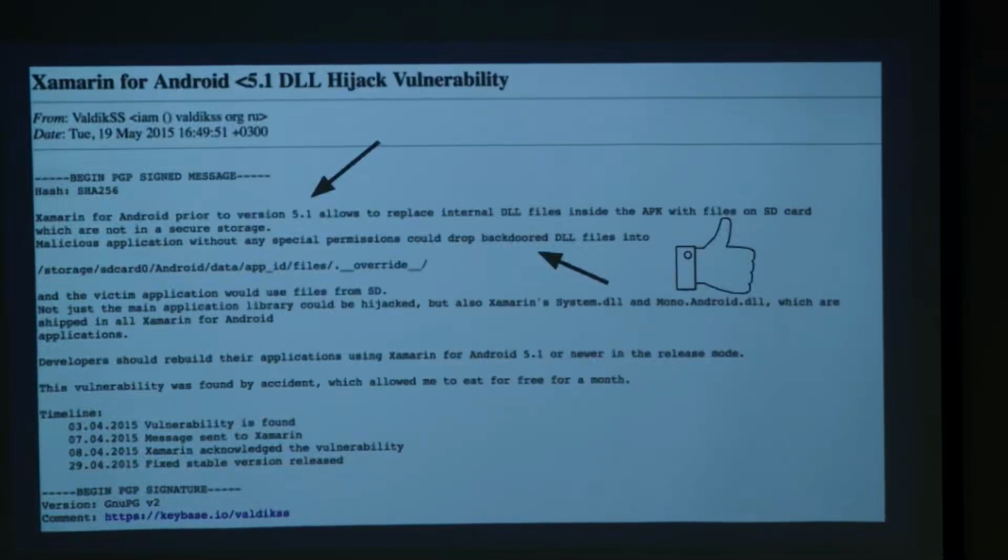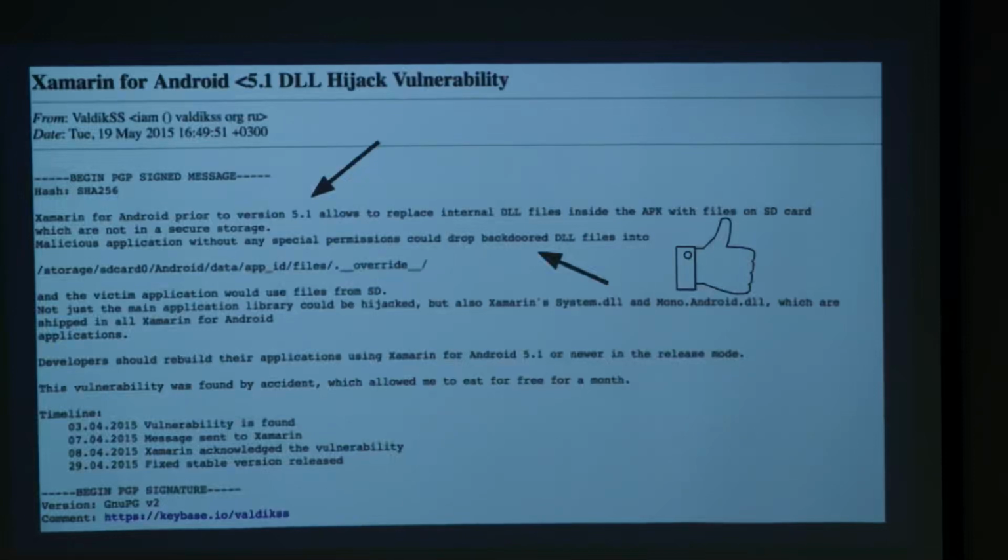This was back in last year in May, but it has since been fixed after Xamarin 5.1. So how fast these development companies issue updates is basically what determines how secure the clients or customers are going to be as well.